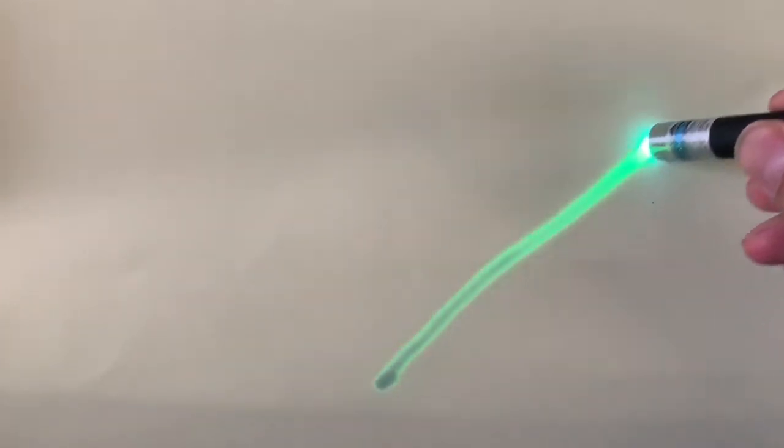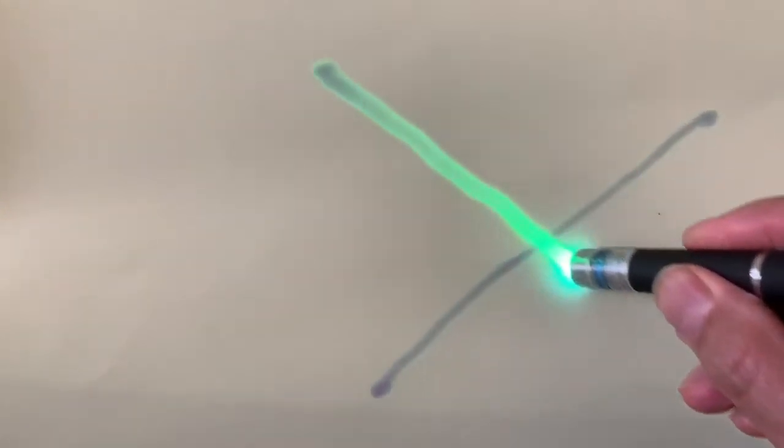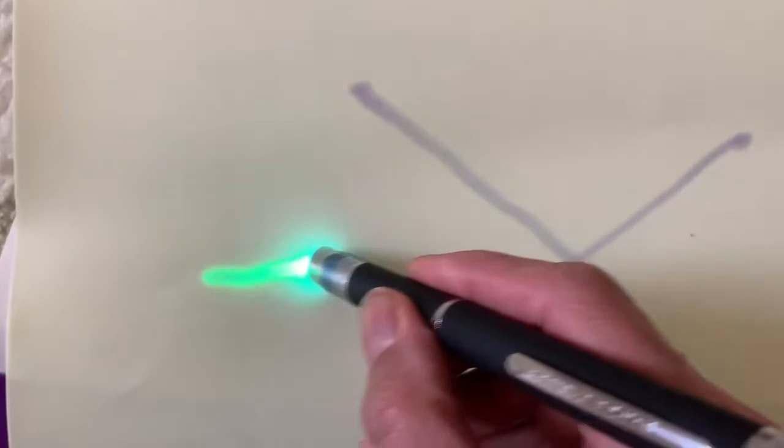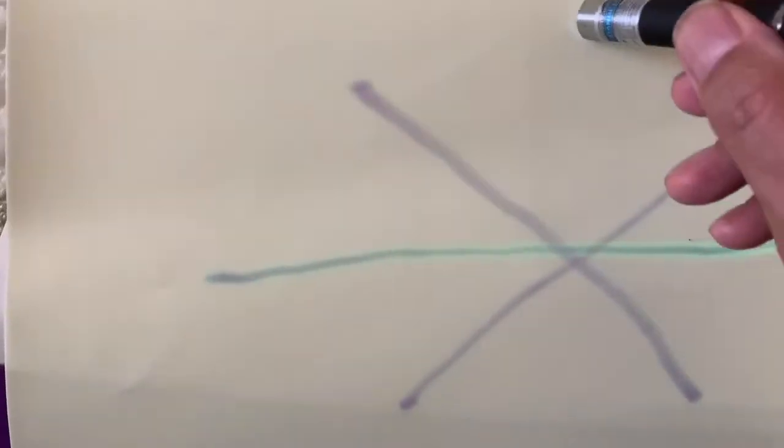Let me do this again in regular light so you can see what I mean. So that dark area corresponds to the area that's brightly phosphorescing in the darkness.